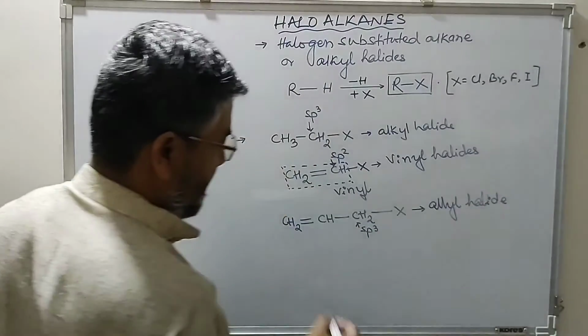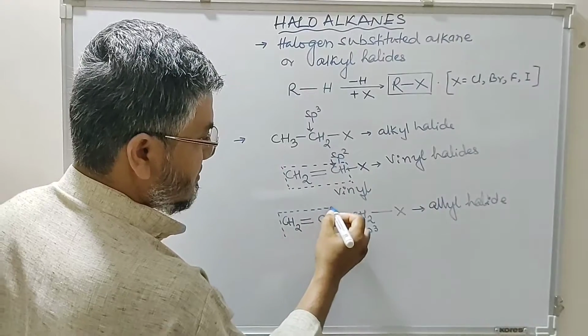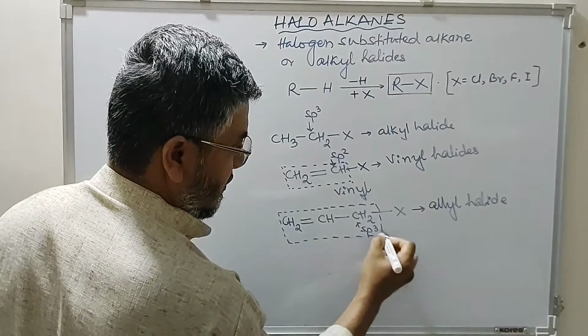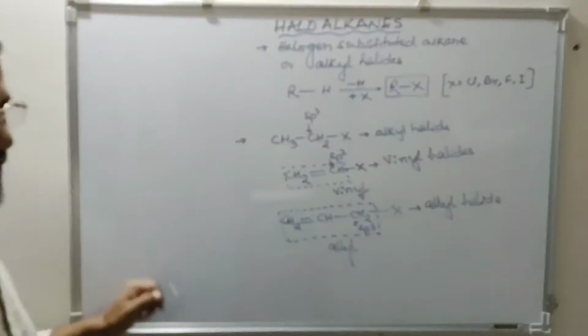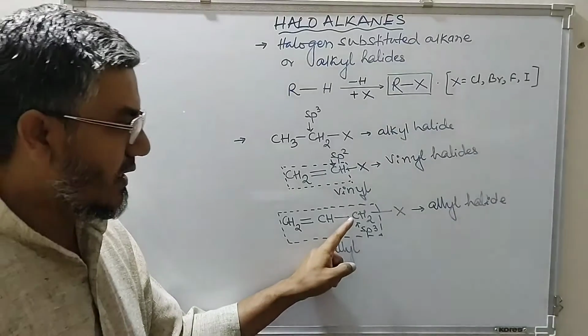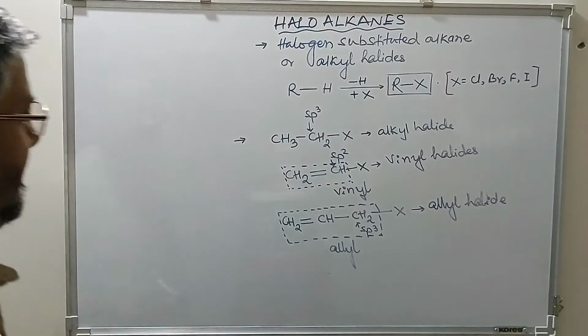In organic chemistry, this particular group CH2 double bond CH CH2 is known as the allyl group. So a halogen attached to an allylic carbon is known as an allyl halide.